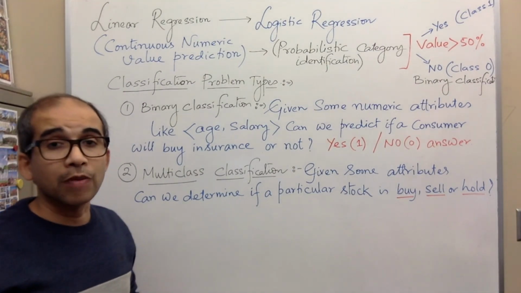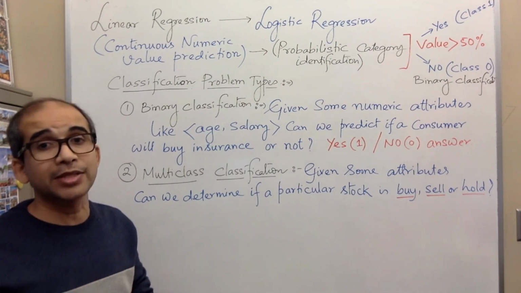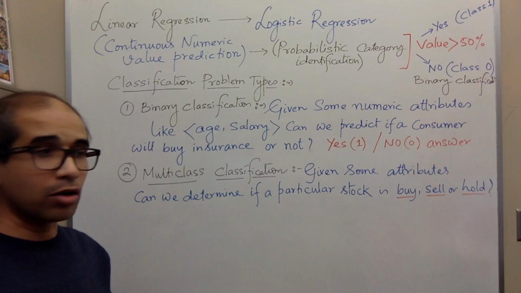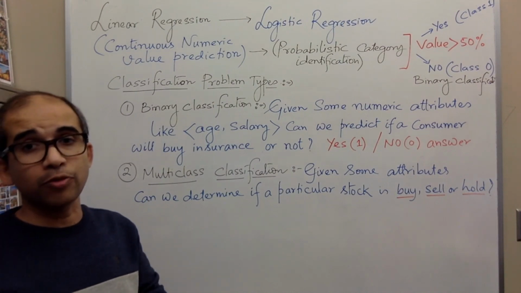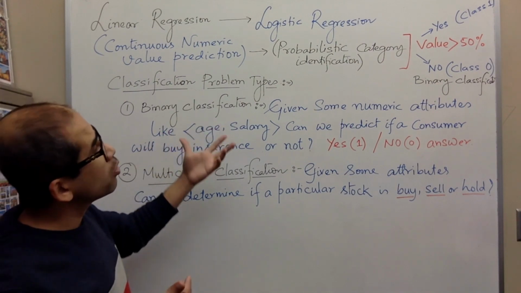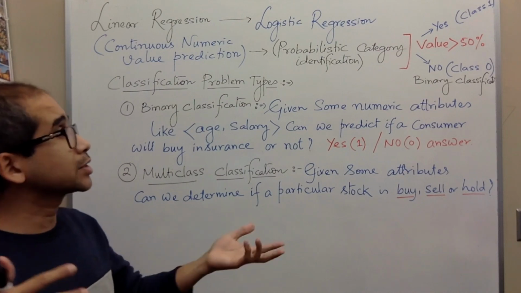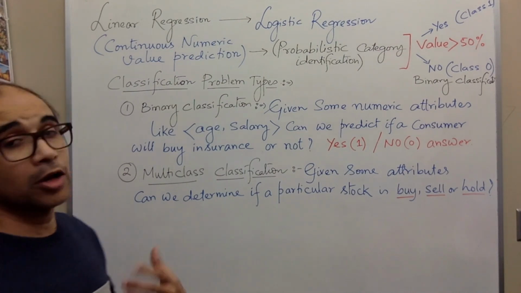But logistic regression is a little bit different. It's a probabilistic categorization of variables. So how does it work? There will be two categories, yes or no, or we call it class 1 or class 0.